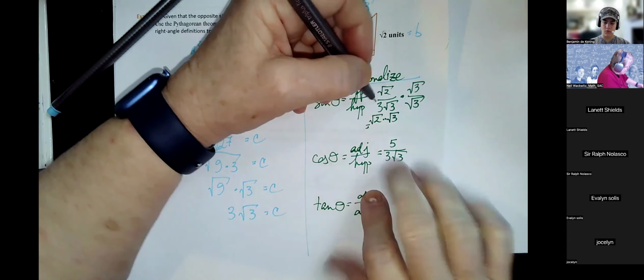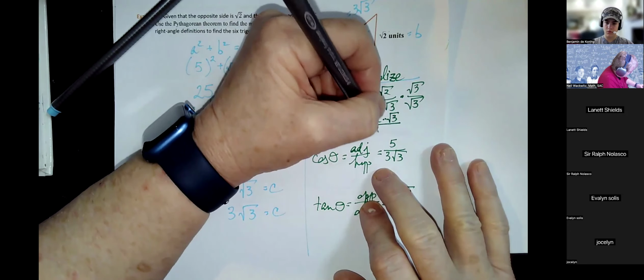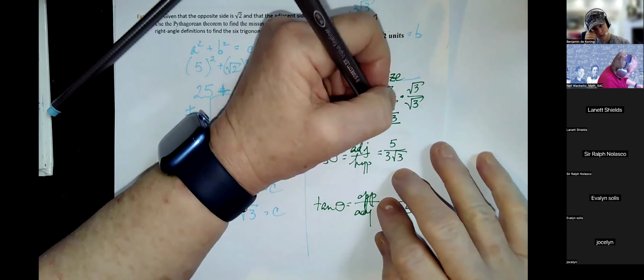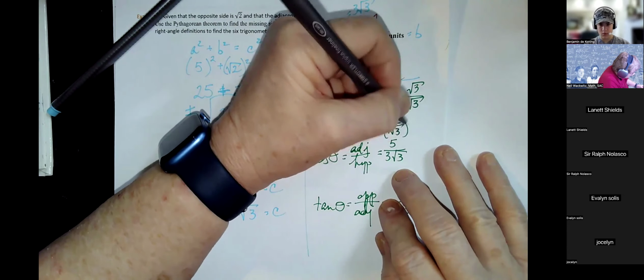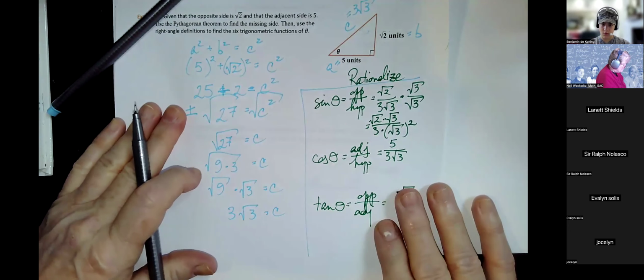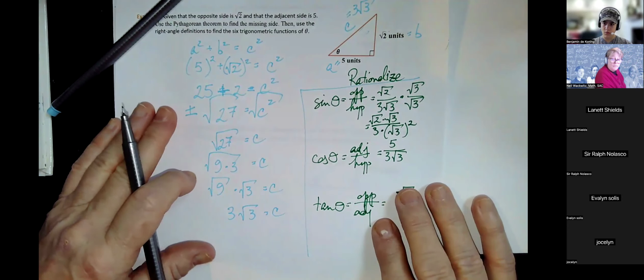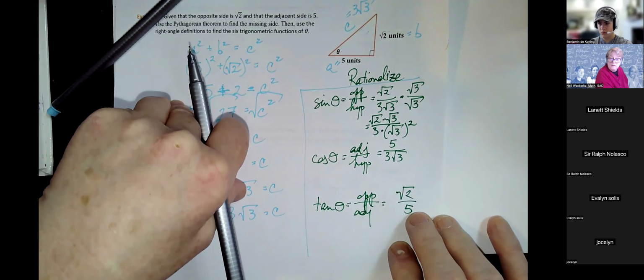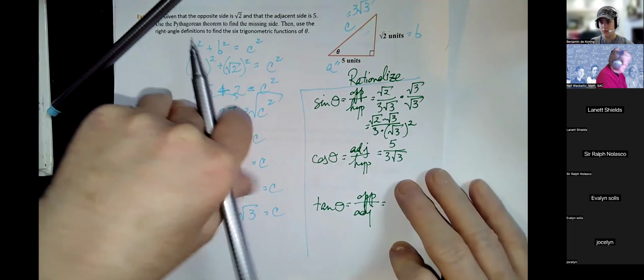In the denominator, we've got 3, the whole number, times 2 square root of 3s. So I'm going to write it this way, square root of 3 squared. What is the square root of 3 squared? 3. Good.